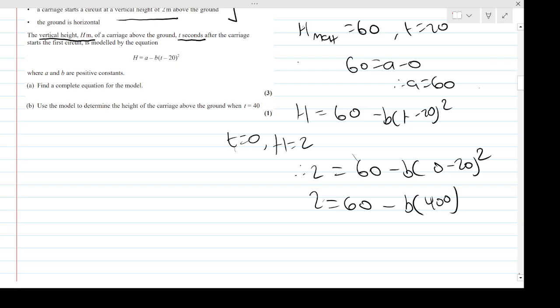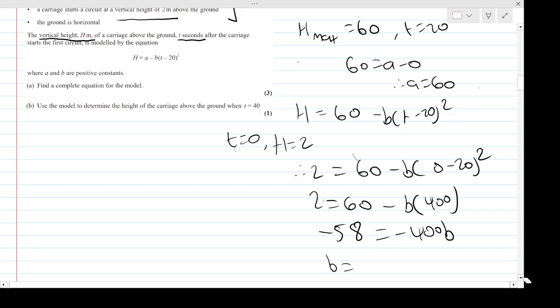Now I'm going to solve for B, so move everything else to the other side. Move the 60: 2 minus 60, minus 58, is equal to minus 400B. Then I can just divide by minus 400.